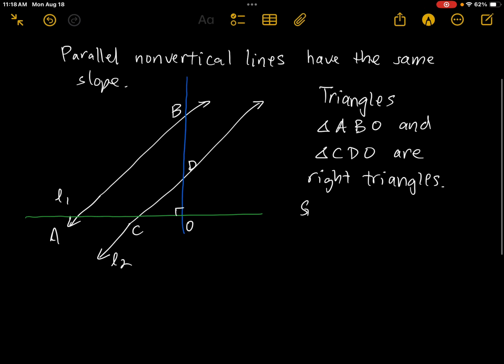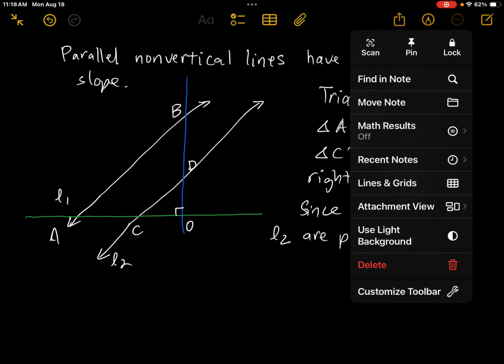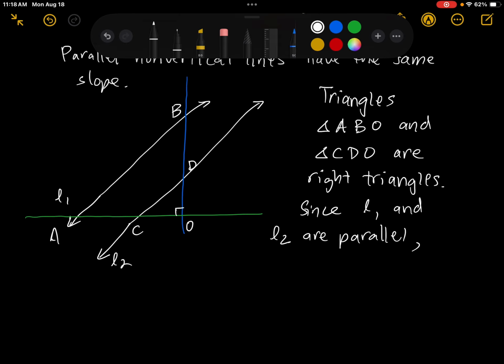Now since L1 and L2 are parallel, what can we say about these two angles? They're congruent, right?